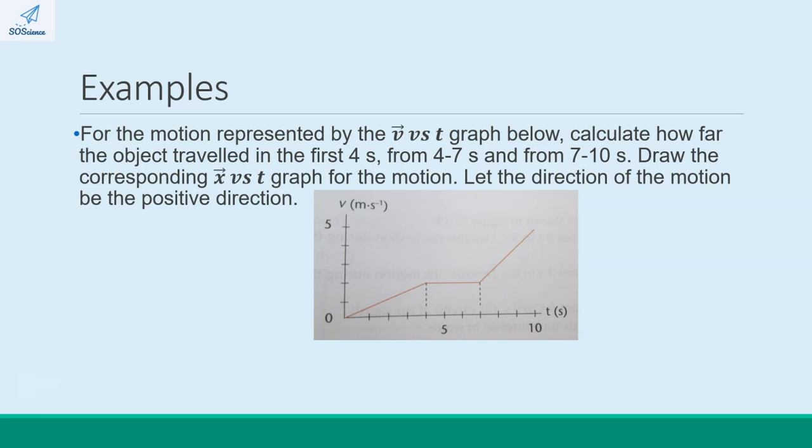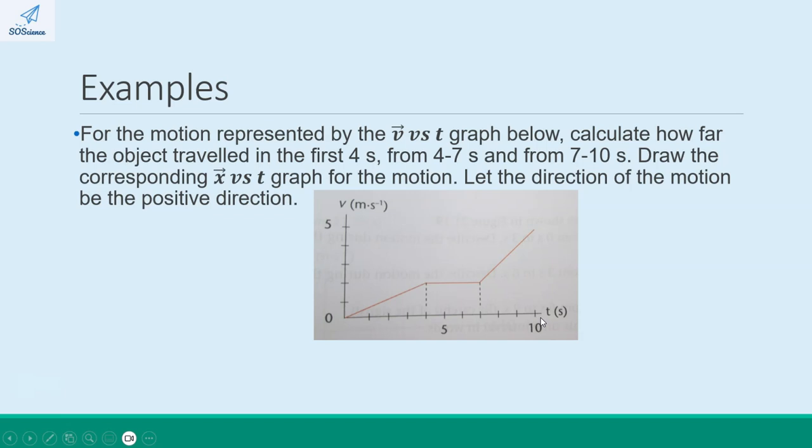Let's take a look at the next question, which involves a velocity time graph. For the motion represented by the velocity time graph, calculate how far the object has traveled in the first 4 seconds, which is over here, from 4 to 7 seconds, and then from 7 to 10 seconds.